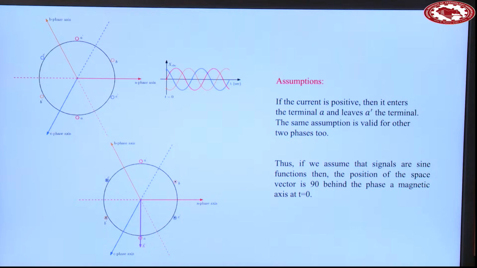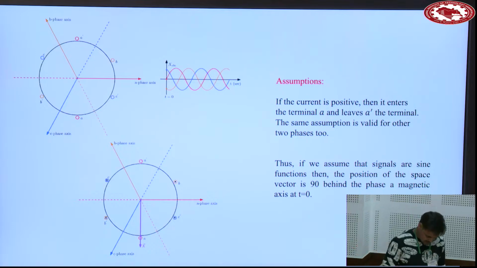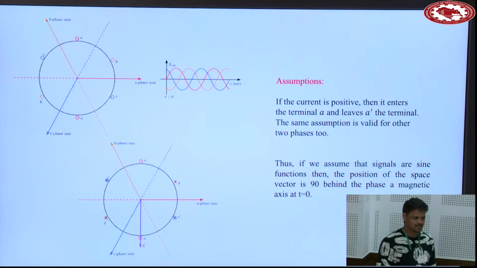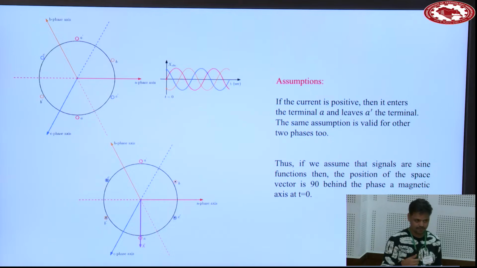At t equal to 0, A phase is 0, B and C are equal but of opposite magnitude. So B is positive and C is negative, and A is 0. If A is 0, then the A winding will not be contributing anything to the resultant magnetic vector. B is negative, it means current will be entering at B dash and coming out of B. C is positive, so it will be entering at C and leaving from C dash.